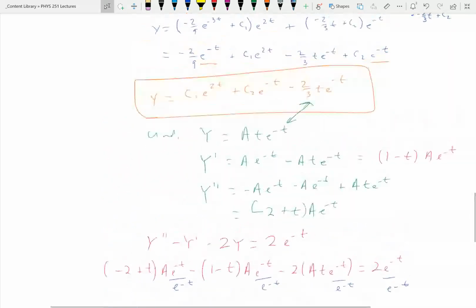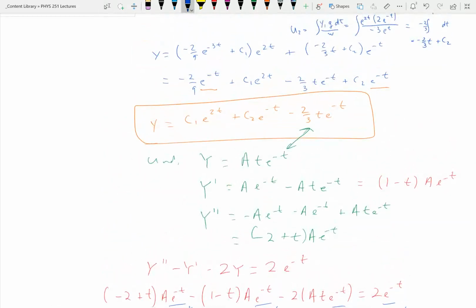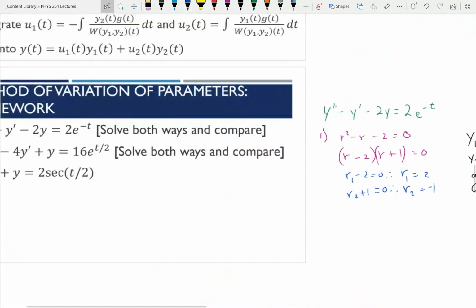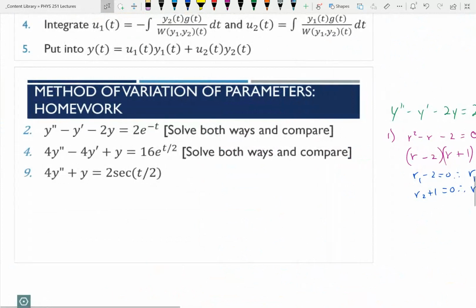If we look back at my solution, that's what a was. So I've done it both ways. I'm sorry I don't have time to do the next one or the next two. Number 4, once again, you could have solved it easier the way you did on Monday. But you do have to remember, divide everything by 4. So g is equal to 4e to the t over 2.